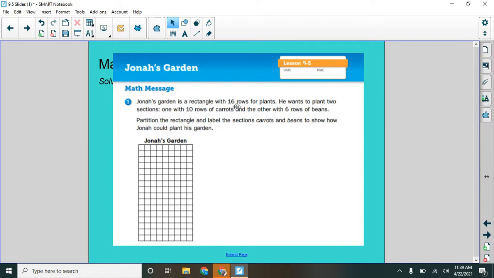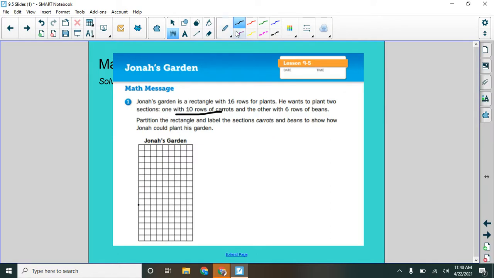All right, let's do this together. So this is his garden, and we need to partition this rectangle. That means to split it into parts. So we need 10 rows of carrots. Let's count. 1, 2, 3, 4, 5, 6, 7, 8, 9, 10. So we're going to be drawing a line right here.